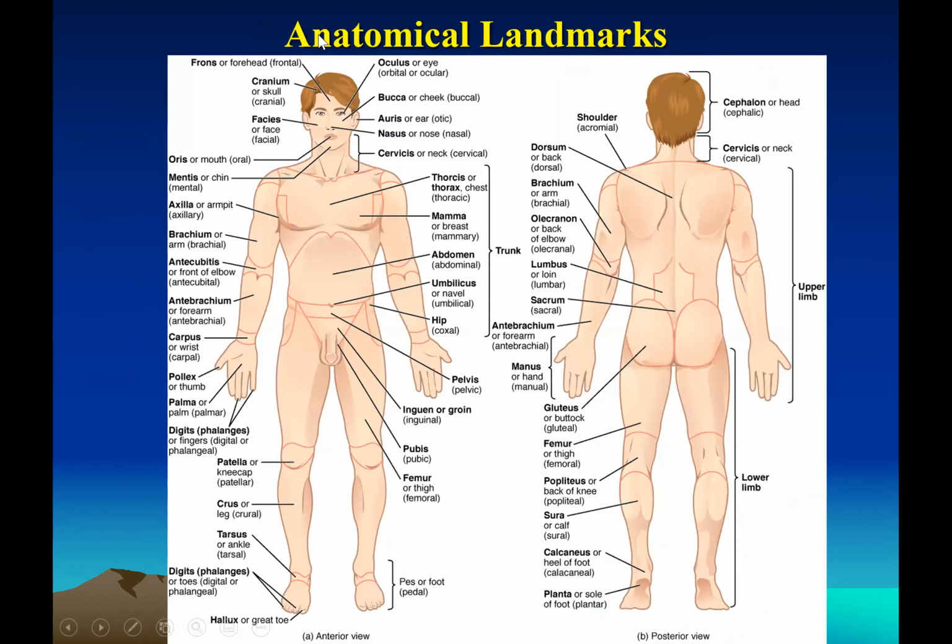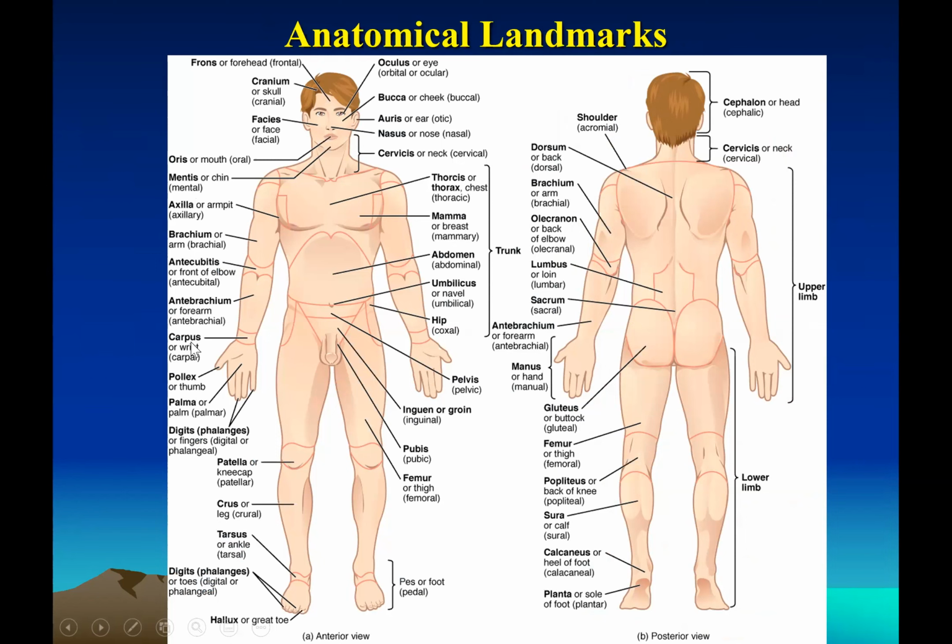Let's put some anatomical names for the different regions of the body. Cranium refers to the skull. Facial refers to the face. Otic, mouth. Mental, chin. Axilla, armpit. Brachium is arm. Antecubital is front of elbow. Antebrachial or forearm.